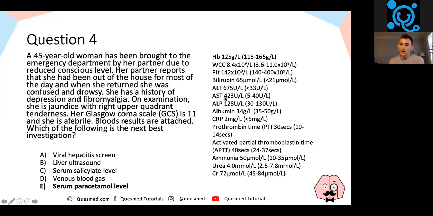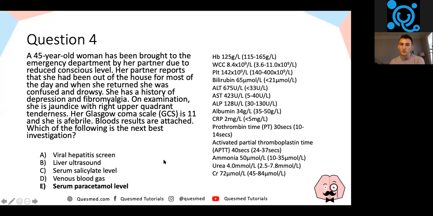She's clearly got a high ALT and AST with a fairly normal ALP, so this is a hepatic cause, something causing an acute hepatocellular injury. The prothrombin time is elevated with a fairly normal APTT, and the ammonia is also elevated. These are all things that indicate that she's got acute liver failure.